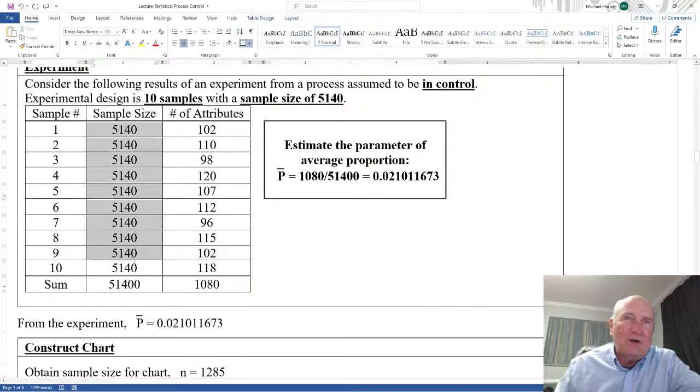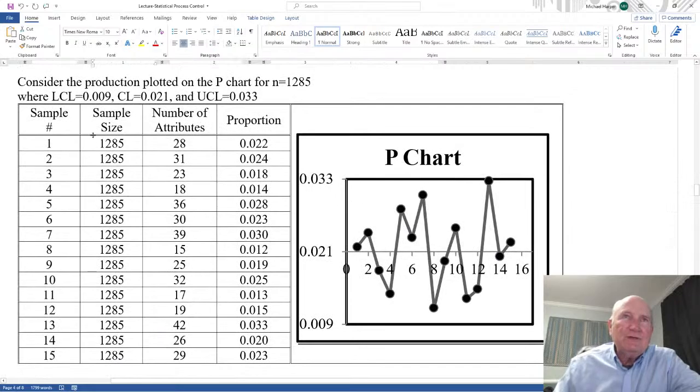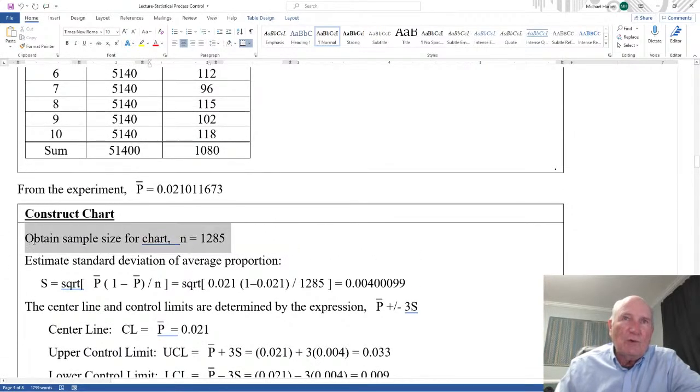And then down here, I'll measure the sample size of 1285, but then I'll construct my chart on 100. I'll use the sample size up here, down here.